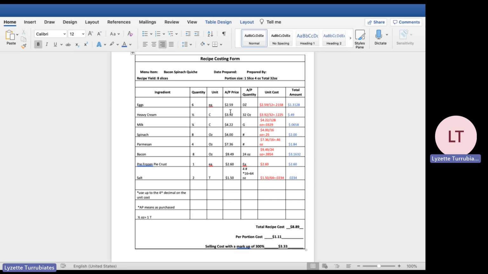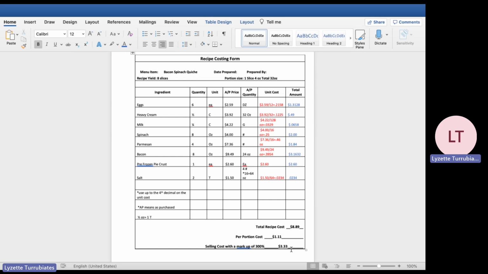But ideally, you need to know how to get unit costs, how to get your total amount, how to calculate the total recipe cost, which is just adding up all the values in this column, how to get your per portion cost, which is just dividing the total recipe cost by the yield of your recipe, and then how we're going to price it on our menu, which is we're going to mark it up 3 times or mark it up 300%.